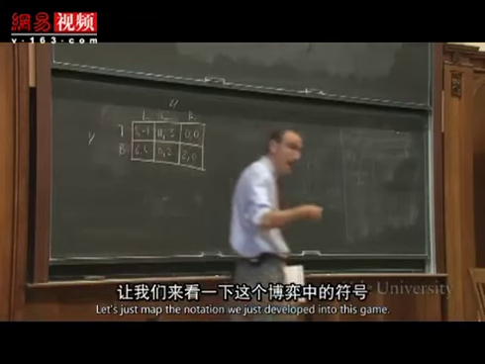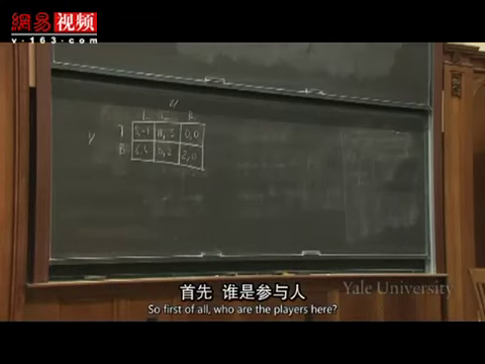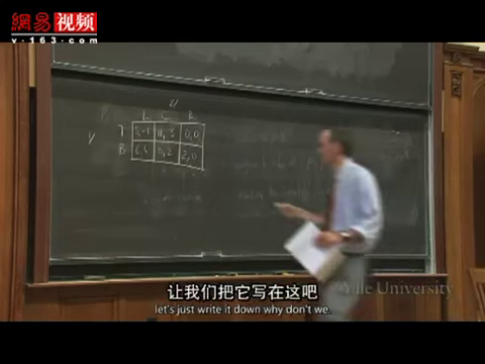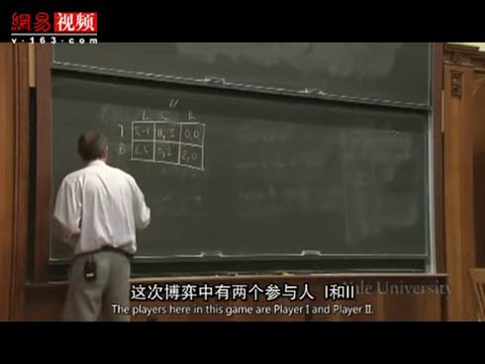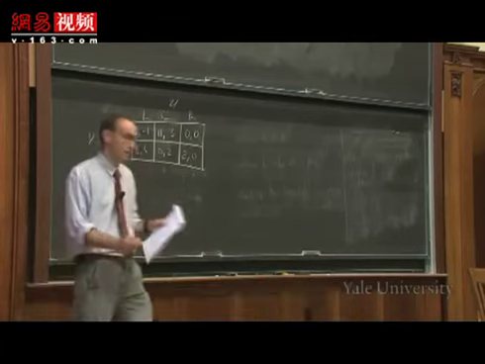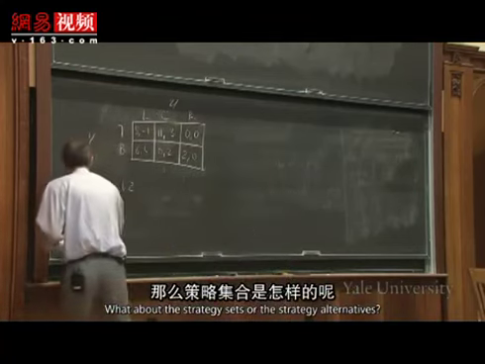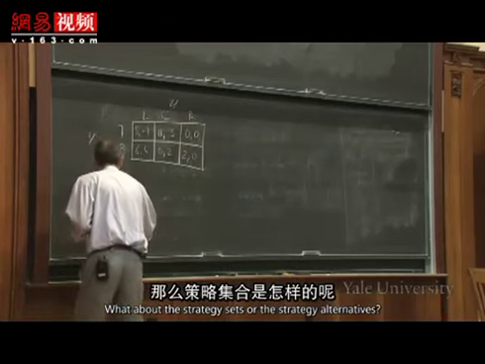All right, let's map the notation we just developed into this game. First of all, who are the players here? Well, there's no secret there. The players in this game are player 1 and player 2. What about the strategy sets, or the strategy alternatives?